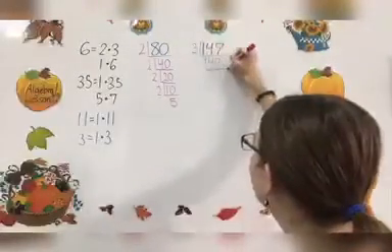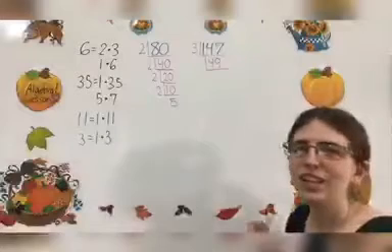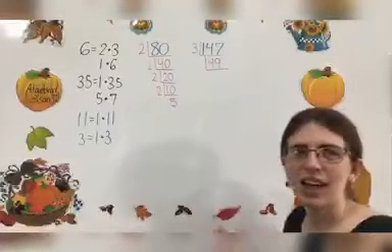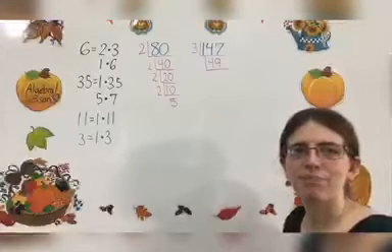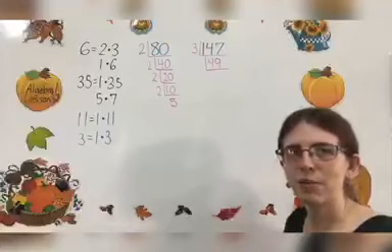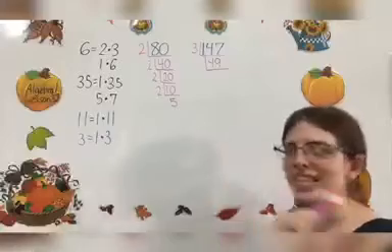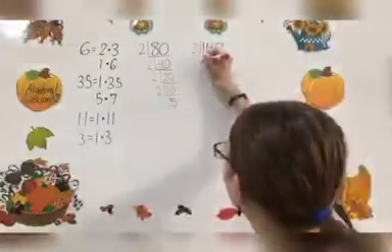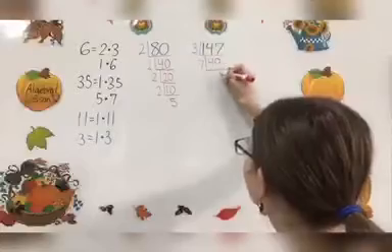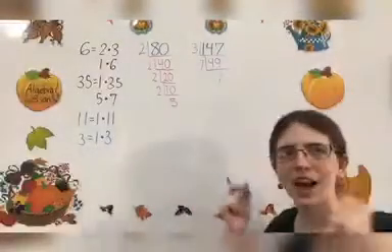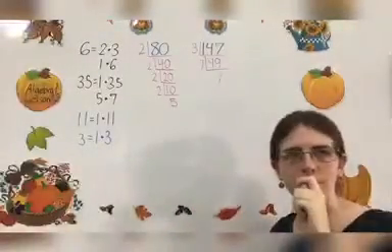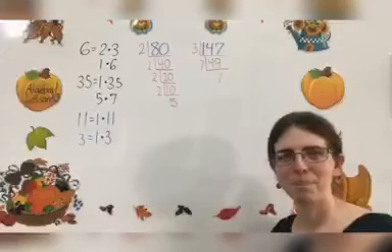Can 49 be divided by 3? No, because 4 plus 9 is 13. How about 5? No. What's our next prime number? 7. Can 49 be divided by 7? Yes, it can. 49 divided by 7 is 7. You should know that right off the top of your head. So, is 7 prime or composite?